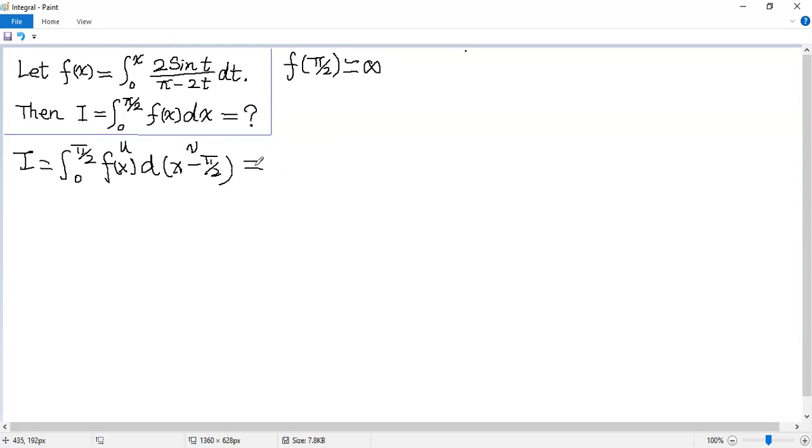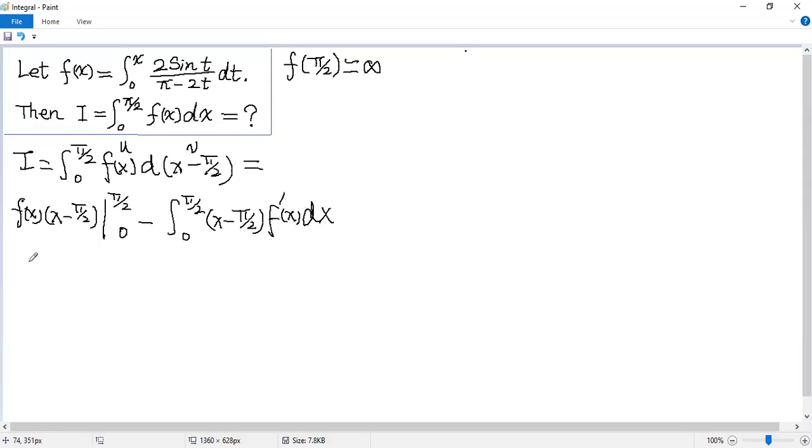Using integration by parts, we get f(x) times (x minus half pi) evaluated at pi over 2 and 0, minus the integral from 0 to half pi of v du, so (x minus pi over 2) times f prime(x) dx.